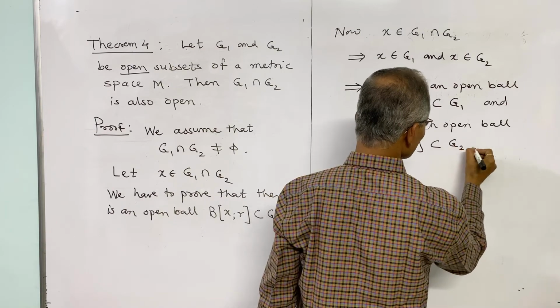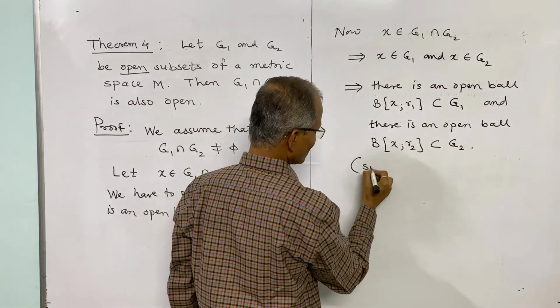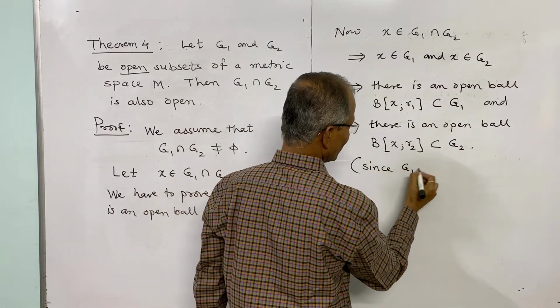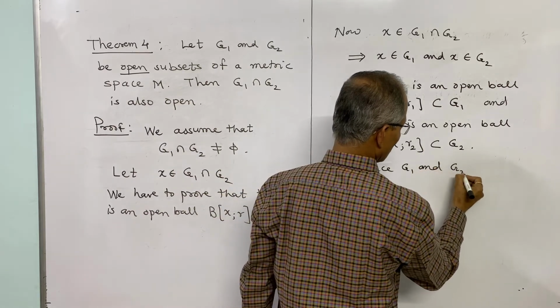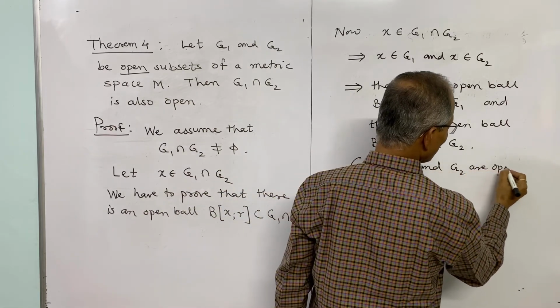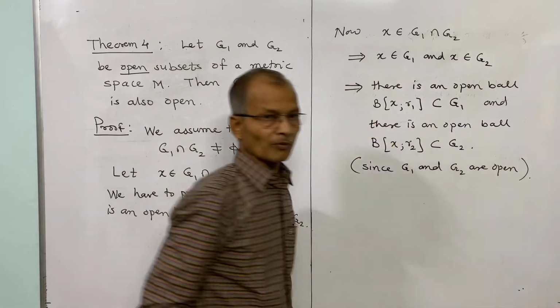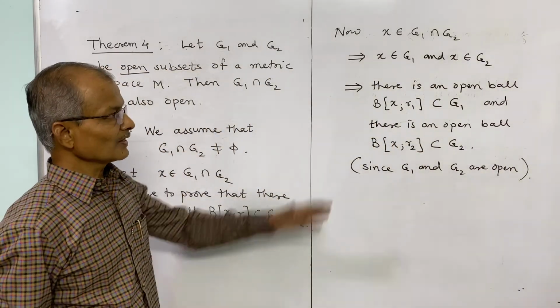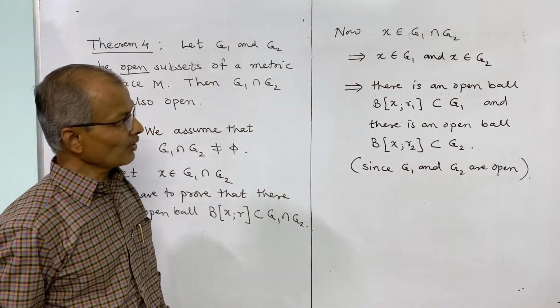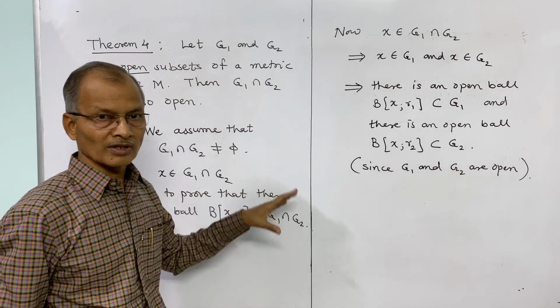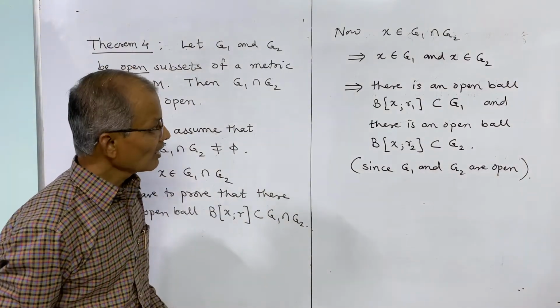The reason for this is that since G1 and G2 are open, we are using only the definition of an open set: if any point is considered, then the open ball around that point is again in the same set.